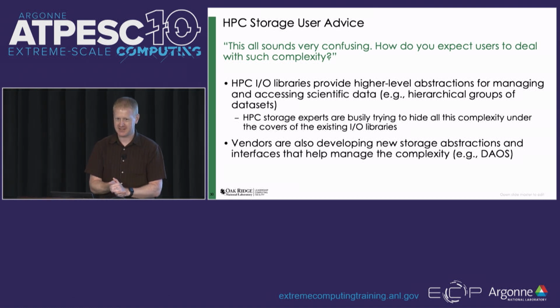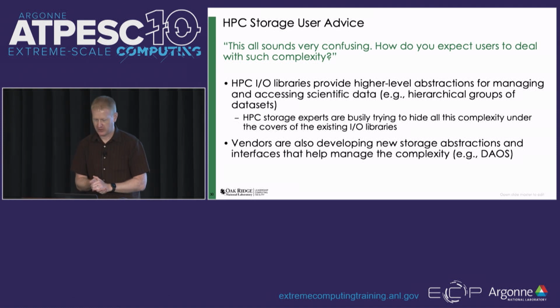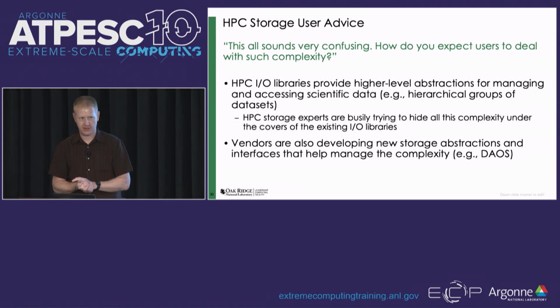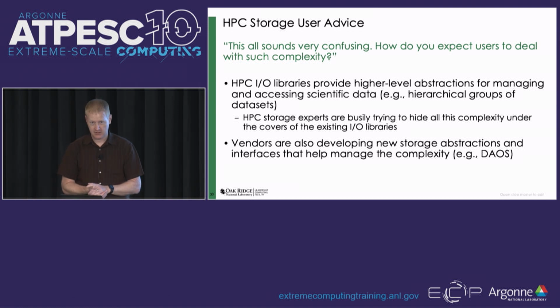Use abstractions that map closer to your applications, for example, hierarchical groups of data sets, so that we can take all of this complexity and do something interesting with it that's completely transparent to you, but hopefully give you enough knobs to tweak it to meet your needs.